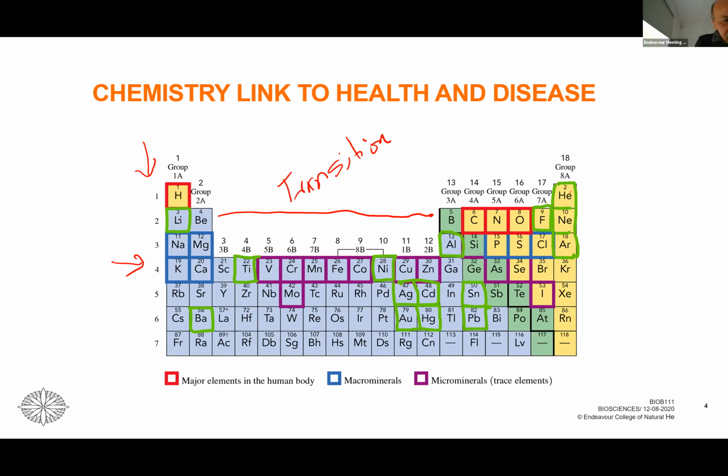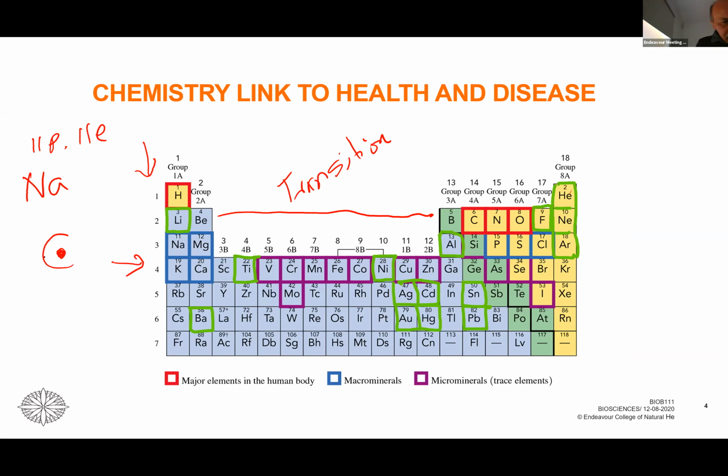For example, let's take here sodium. Sodium has 11 protons and 11 electrons. Now let's see how many electrons each shell is going to hold. So we know there are 11 electrons, right? That's the nucleus.